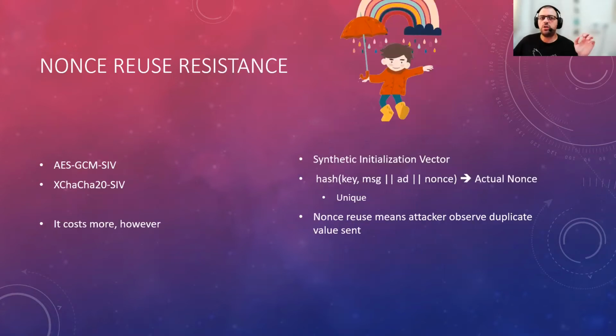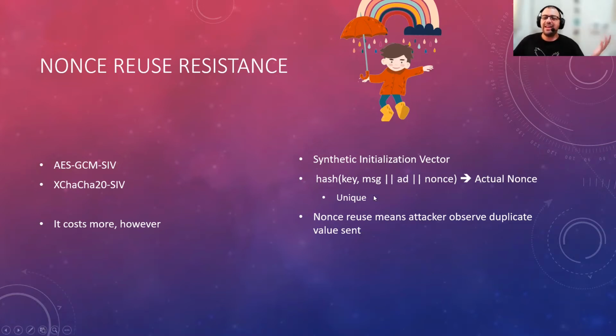Another option is to use an encryption algorithm that has nonce reuse resistance. The way that it works, it's called SIV, synthetic initialization vector. And what's the idea here? Here's what we do. We hash, using the secret key, the message, additional data, and the nonce. And the output of this means that we have an actual nonce to use for the AES-GCM or the XChaCha Poly1305.